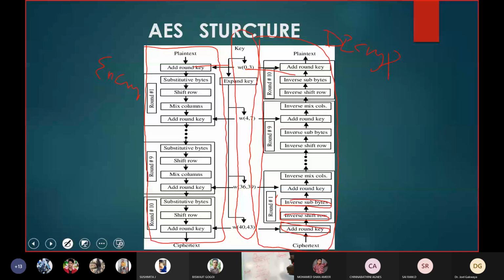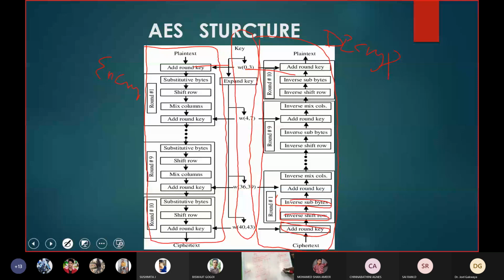Add round key is going to be followed by the inverse shift row. The inverse shift row is going to precede inverse sub byte, and inverse sub byte is going to follow add round.